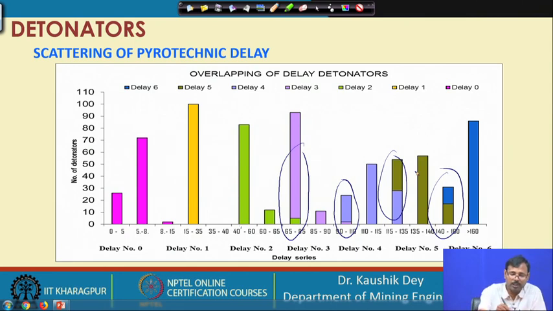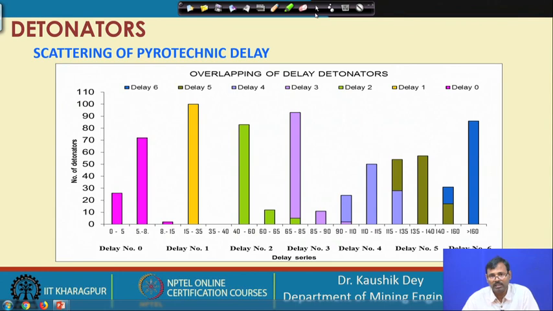Those problems may occur whenever people use this type of detonator. This is a very difficult situation, and in pyrotechnic delay detonators this cannot be avoided, and blasting is carried out with this type of probabilities.